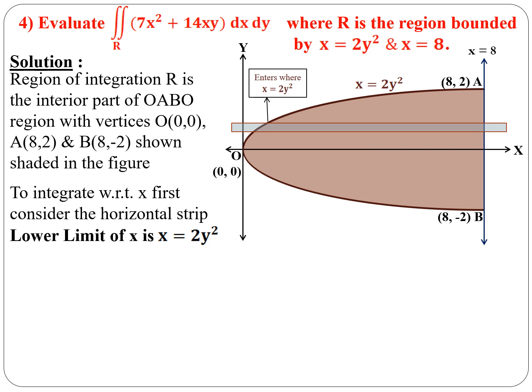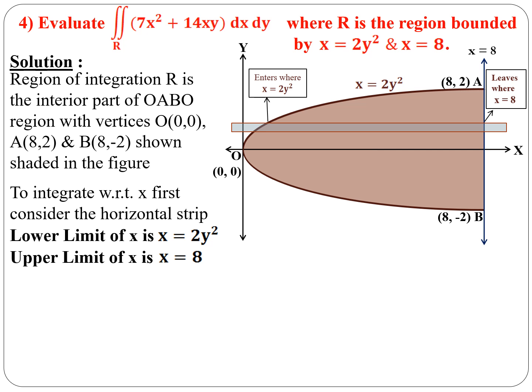Now we check the upper limit of x, the right side, from where it is leaving the region. It is leaving the region where the line x = 8 is. So the upper limit of x is 8.